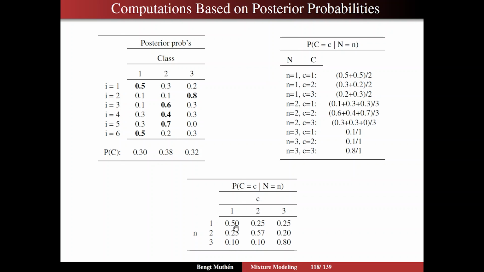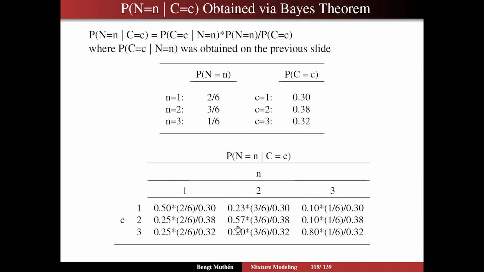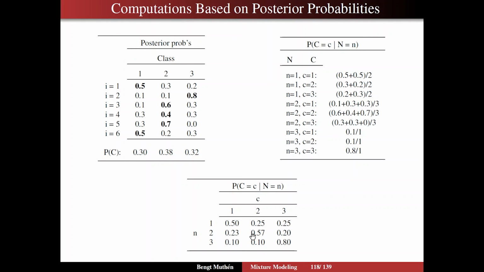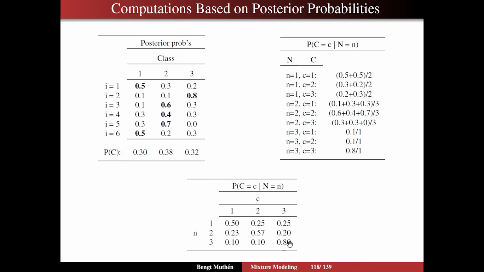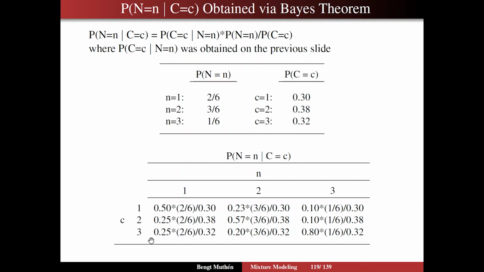So rows and columns are transposed. So the next column, 0.3, 0.23, 0.57, 0.20 is this row. And the last column, 0.10, 0.10, 0.8 is the last row down here. So that's what you get, putting the 3 pieces together.